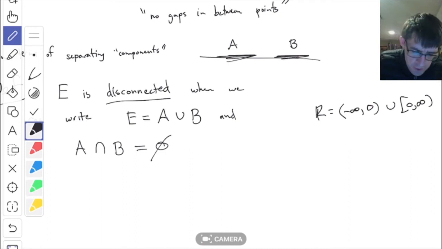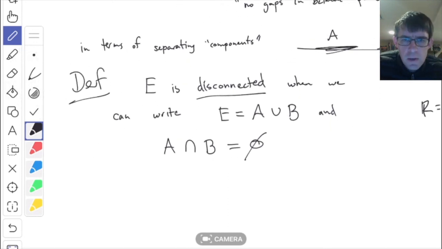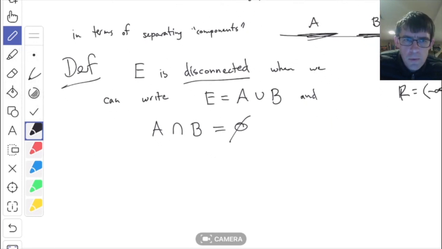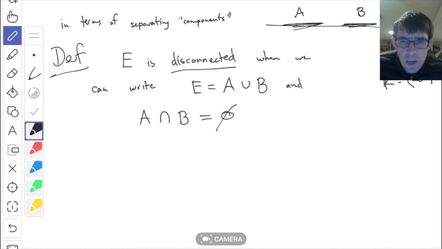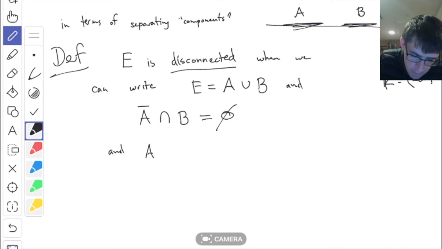The true definition, and this is something that a casual person would not come up with, but I hope you can understand that this is the correct idea. What you need is this. A closure intersect B is empty, and A intersect B closure is empty. All right?